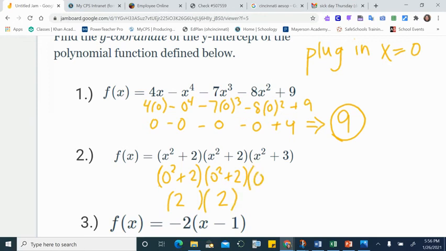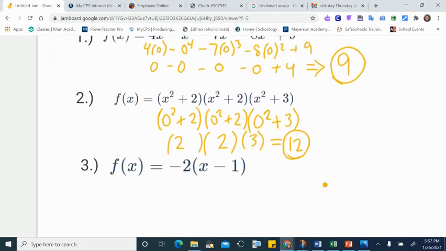And then we've got 0 squared plus 3, and that's 3. All right, well, now we got to multiply all that together. 2 times 2 is 4, times 3 is 12. So that's our y-intercept.